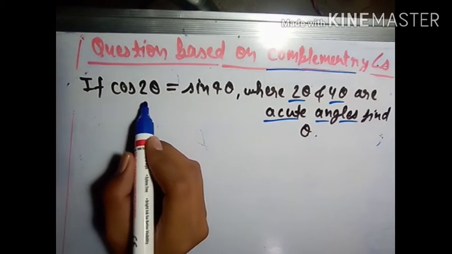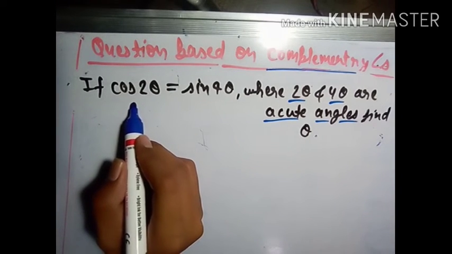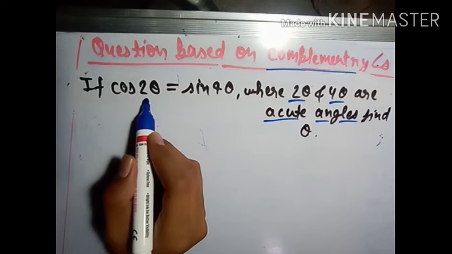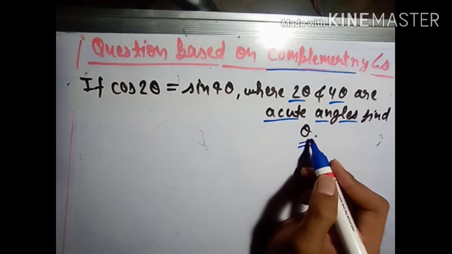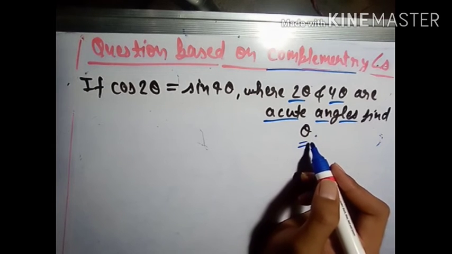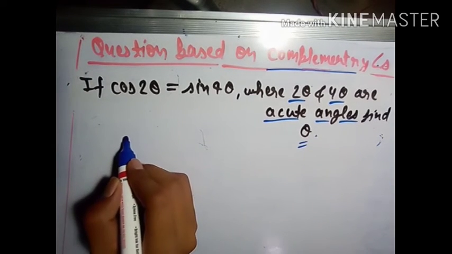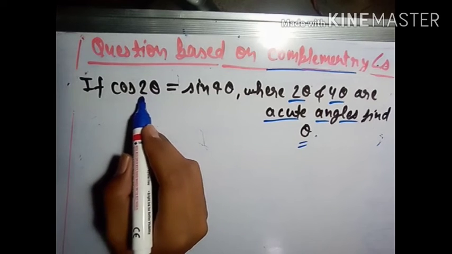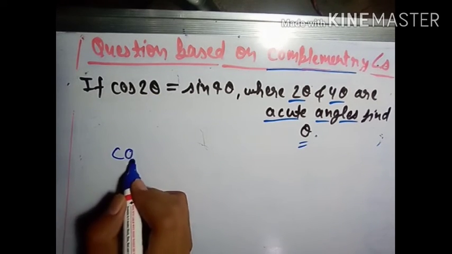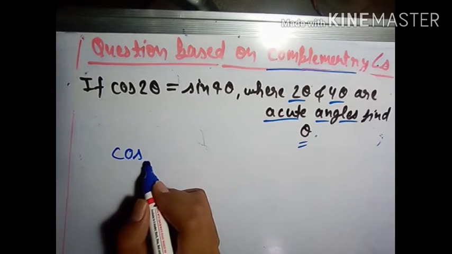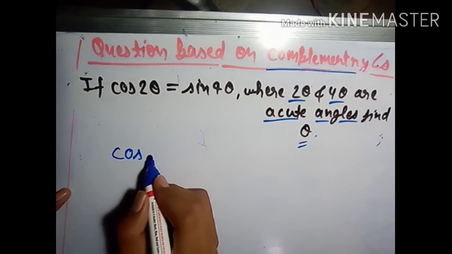First of all, I am going to find the complementary pair of cos 2 theta, and the required value to calculate is theta. Understand? So let us do it. This time theta is equal to 2 theta. So I am taking the generalized formula not in terms of theta but in terms of x, and yes, we can do it.